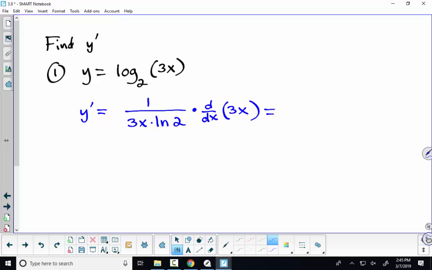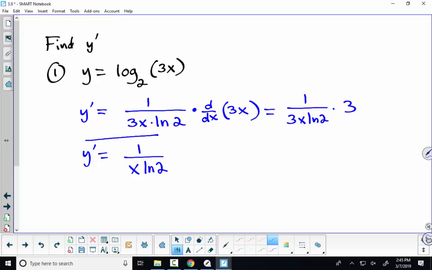So we have 1 over 3x ln 2 times 3, and we can divide the 3's out. You have 1 over x ln 2 as the derivative.